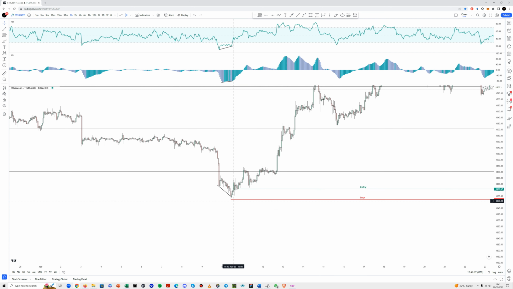As soon as I see that thrust back in the opposite direction, that slingshot where price is teetering off momentum on the sell side, and then boom, you get those buyers coming in and you get the impulse to the upside, then I've got the full confirmation to be in the trade, okay?